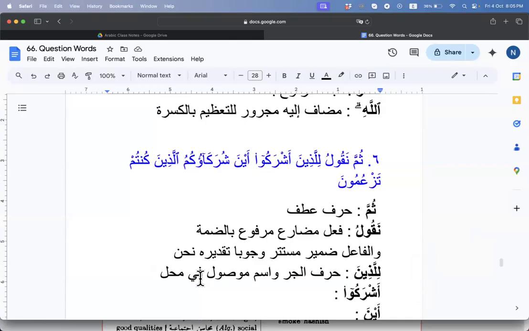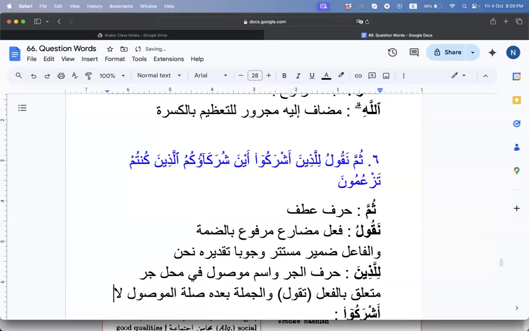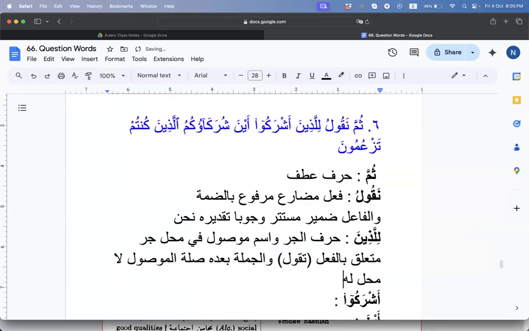Fi mahali jar. The whole thing is muta'alliq to what? Muta'alliq to fi'il naqulu. And then isim mausul needs silatul mausul. So we say jumlah ba'daha la mahala laha minal i'rab. Silatul mausul, la mahala laha minal i'rab. Good.